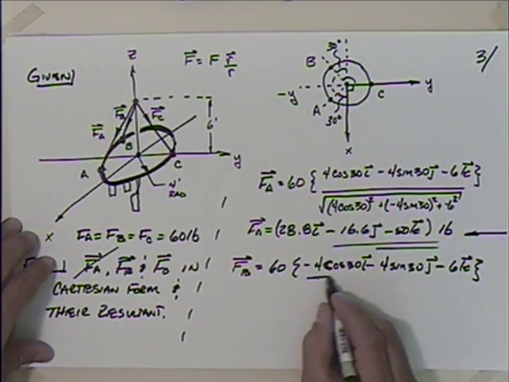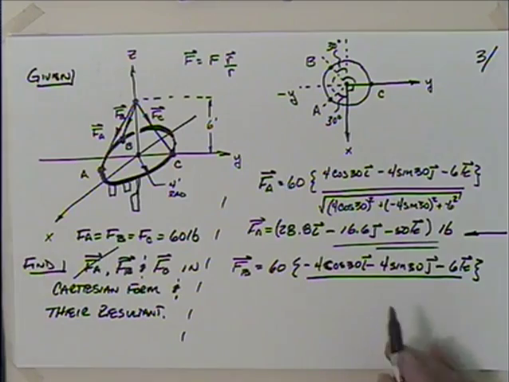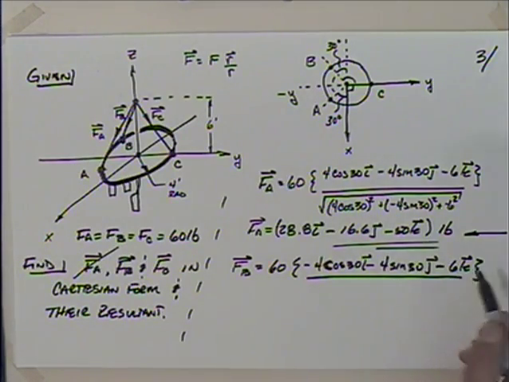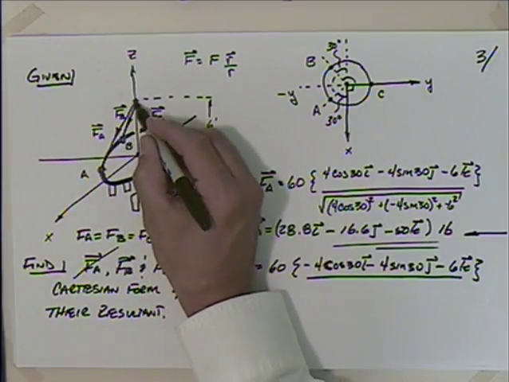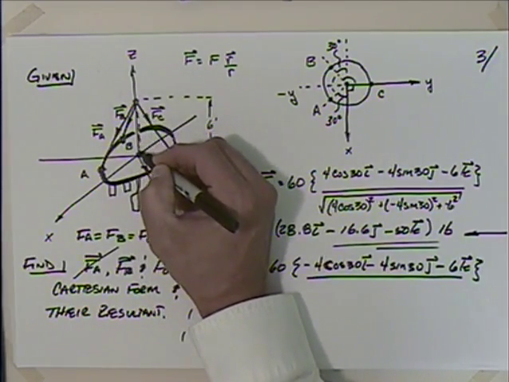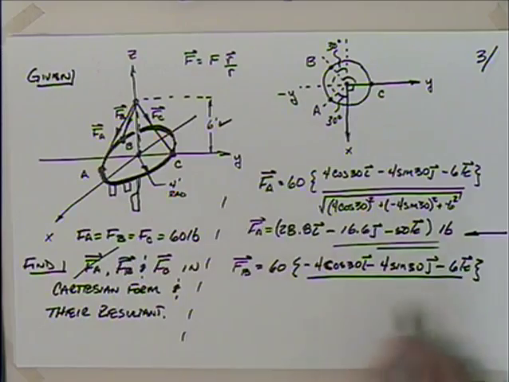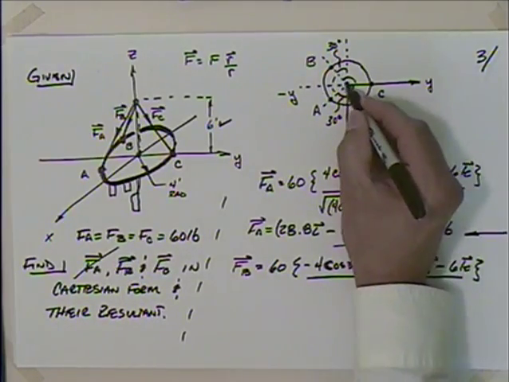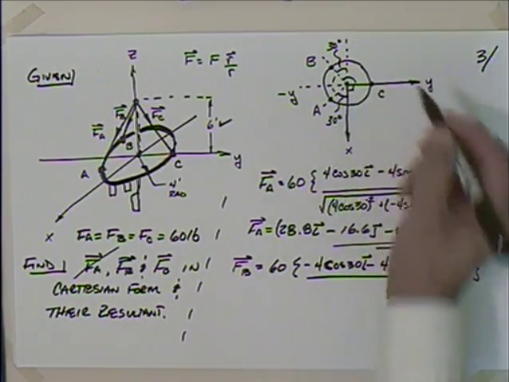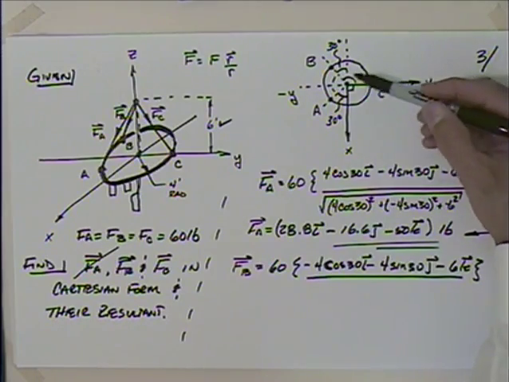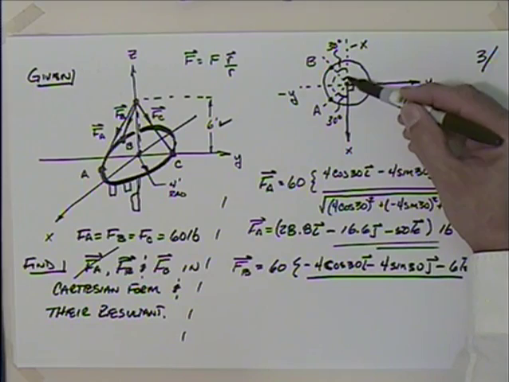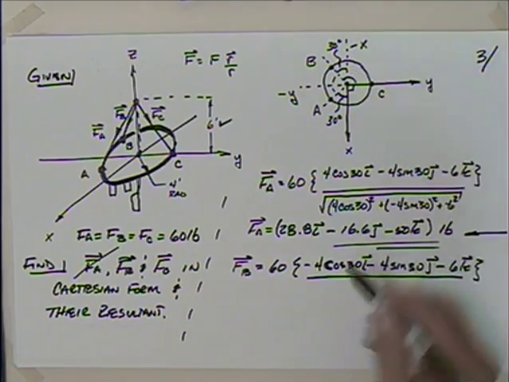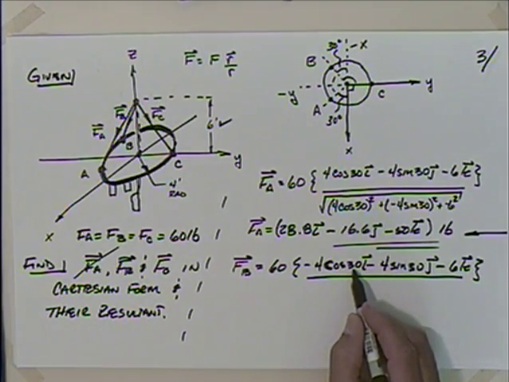Let me check that out before I write the magnitude underneath it. Does that work? Again, I'm going to B, so I'm going to this point over here. So I start here and I go down the z-axis. That's minus 6, so that term's okay. That puts me at the origin, and now I'm trying to get to point B. So in the x direction, remember, this is minus x, I'm going to have to go 4 cosine of 30. So there's minus 4 cosine of 30.